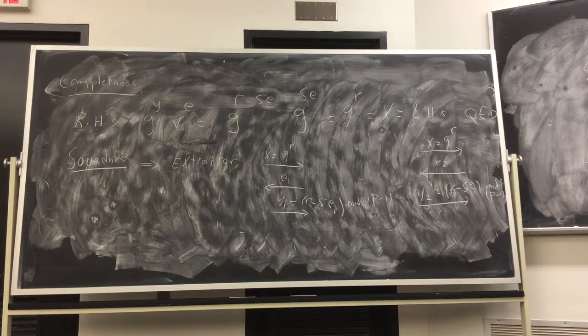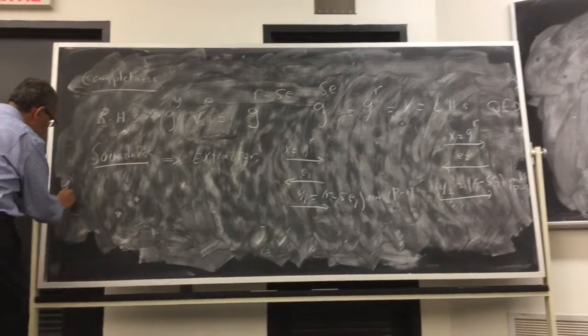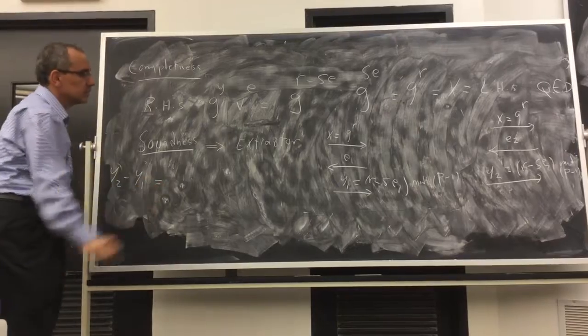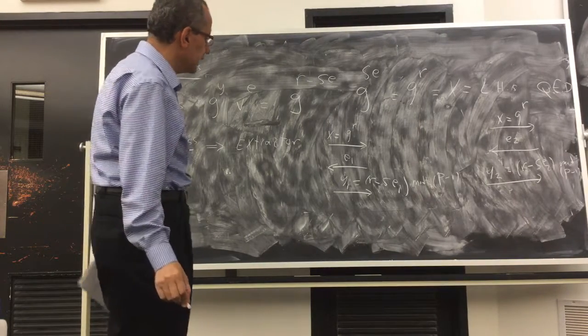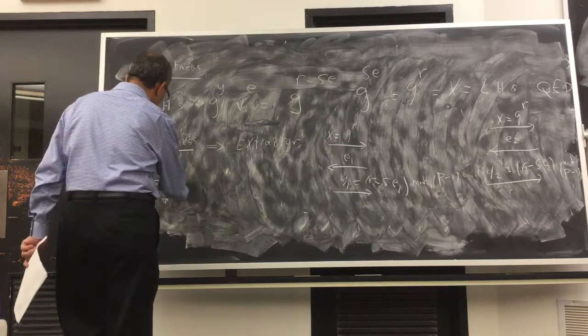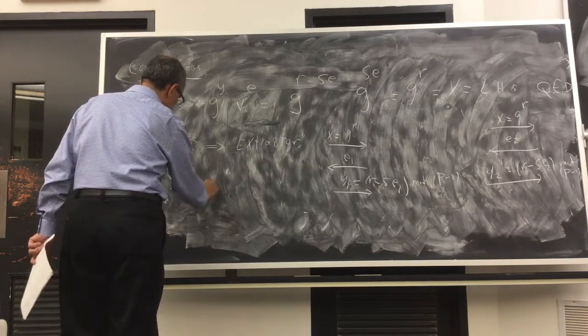Suppose I subtract y1 from y2, so y2 minus y1 is equal to what? R will cancel, and then I would get s e1 minus s e2.